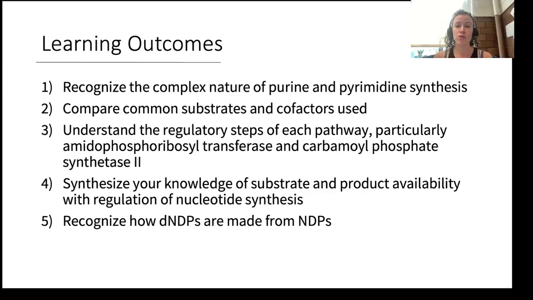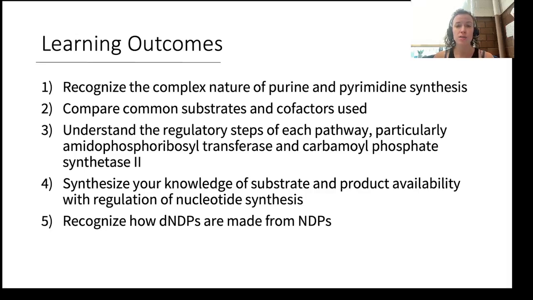We'll look a little bit into the regulation of each pathway, and particularly focus in on the two flux controlling steps. We're going to synthesize our knowledge of substrate and product availability within pathways with how regulation happens within those pathways.